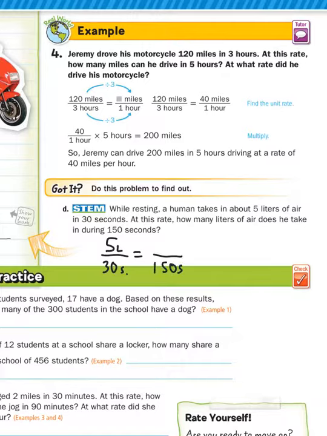Now, you can find the unit rate first, but you don't have to in this one, because 30 goes into 150. 30 times 5 is 150. So I don't have to find the unit rate. That one's an easy one. 5 times 5 is 25. So at this rate, he takes in 25 liters of air in 150 seconds. If you got that, give yourself a C, because then you know what you're doing.